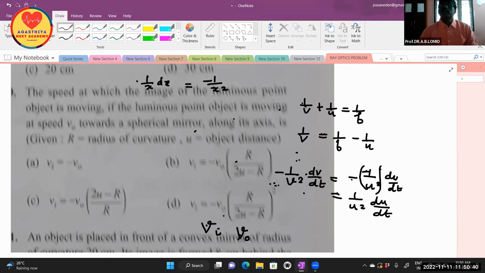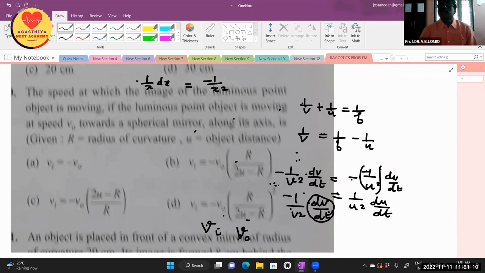Plus 1 by u squared du by dt. On the left-hand side, minus 1 by v squared dv by dt. We know that v is the distance, and u is the distance. Rate of change of displacement is nothing but velocity. Okay? So here v is the image distance, and this is the rate of change of displacement.